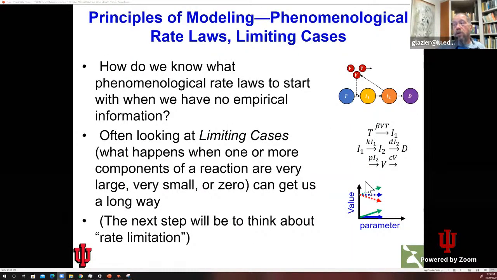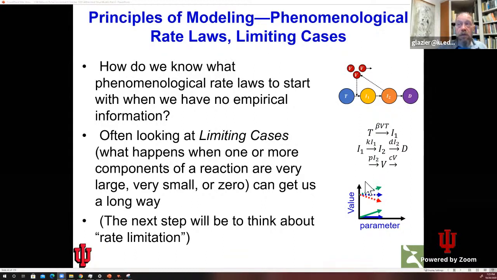Okay. So we have to now try to start building some understanding of what we're going to do with the immune system. And we talked about this a little bit a couple of weeks ago, but since it's so long ago, I want to go back over it. And we're going to think about the functional relations that we need in terms of this idea of limiting cases.